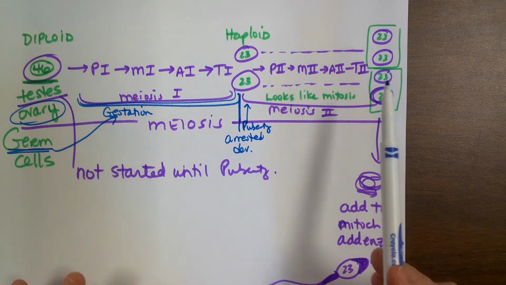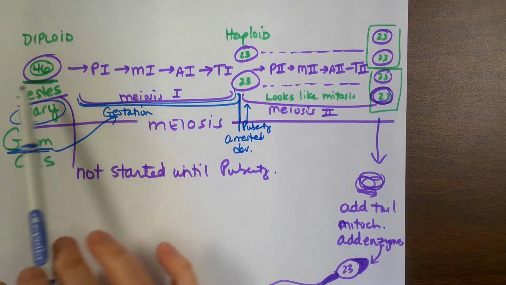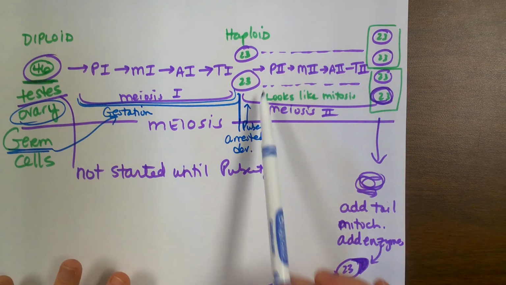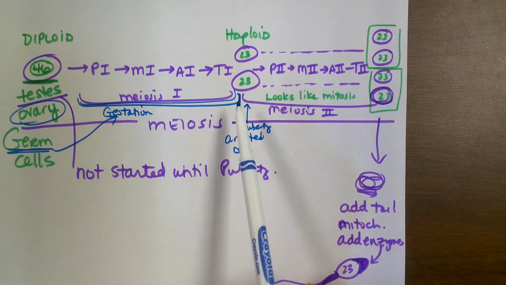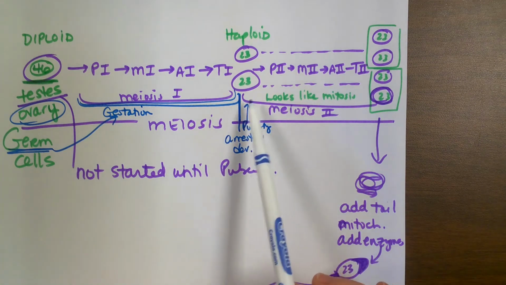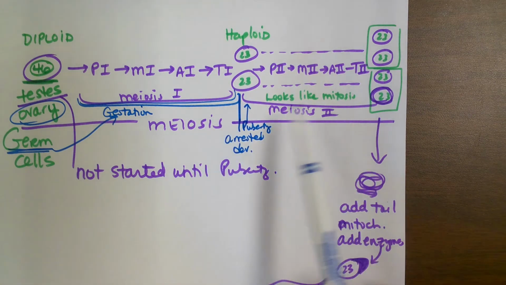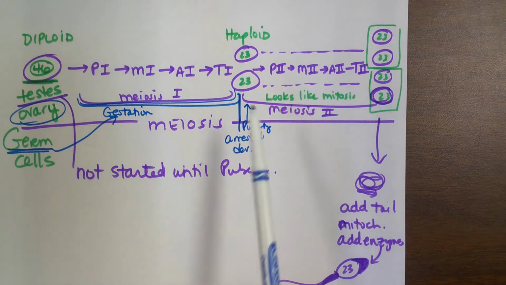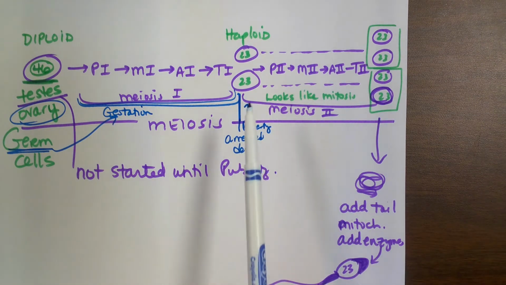And this is all mammals, all male mammals that make sperm cells. It's just millions of them a day. The egg is so important for the viability of the offspring that the female can't risk making thousands and thousands and millions of them. They really focus on making one good egg every month.